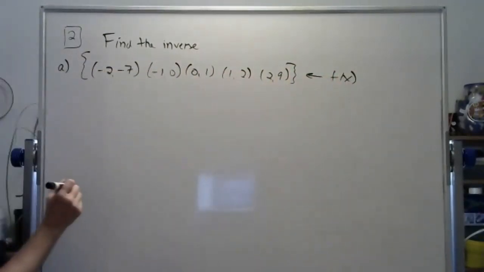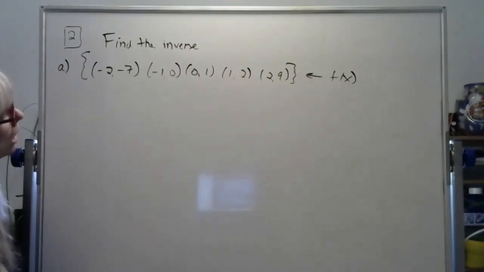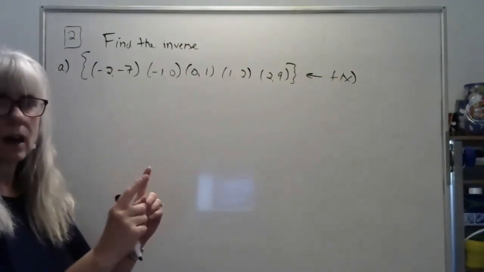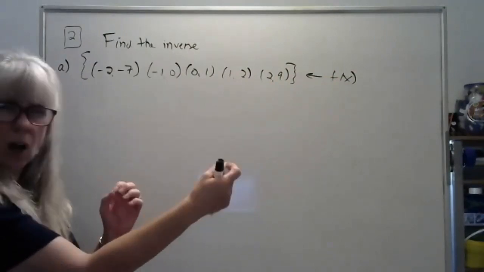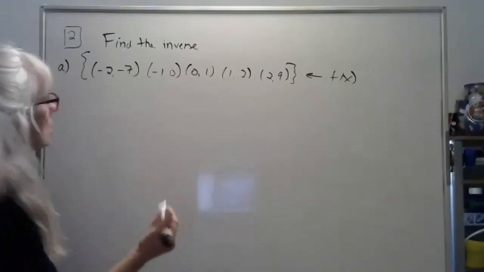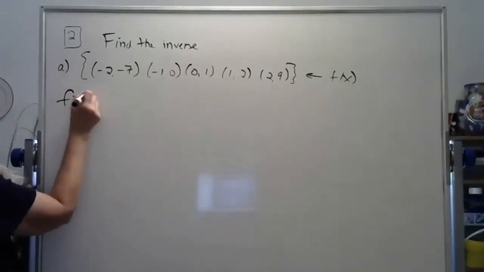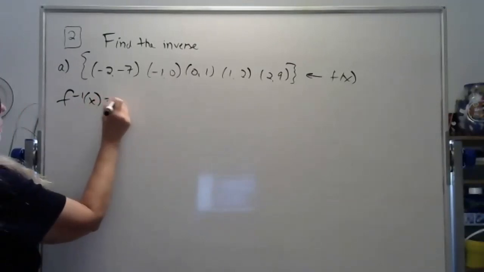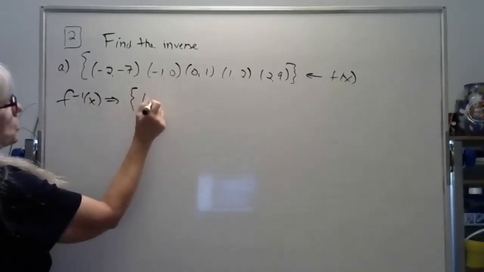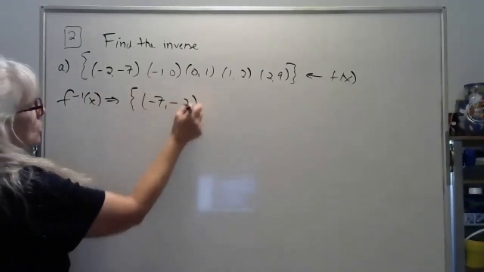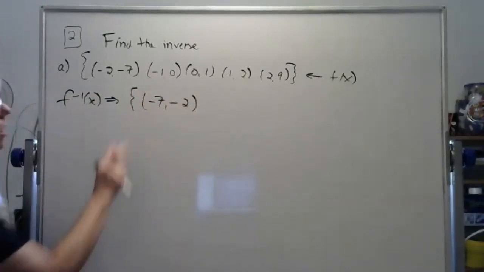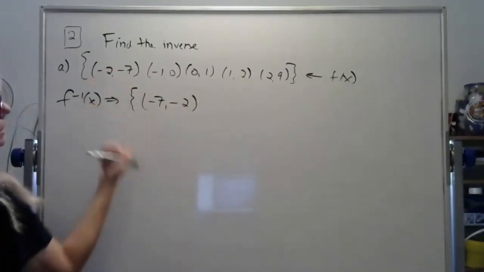Okay, so in order to find the inverse function, all we have to do is take every single x value and make it into a y value, and take all the y values and make them into x values. So for the inverse function, the first point would be -7, -2. Notice I'm not touching the signs. All I'm doing is taking the x and y and flipping them.